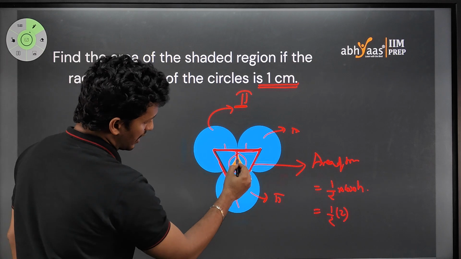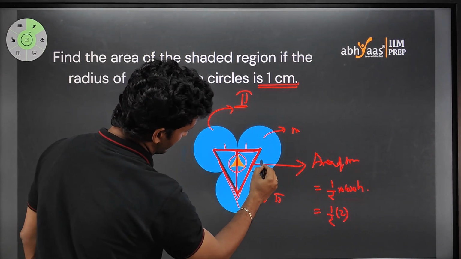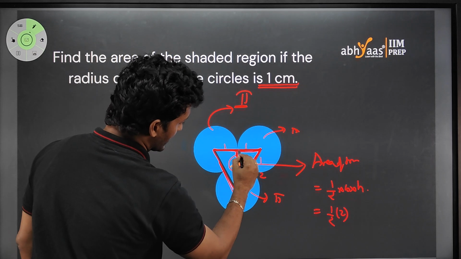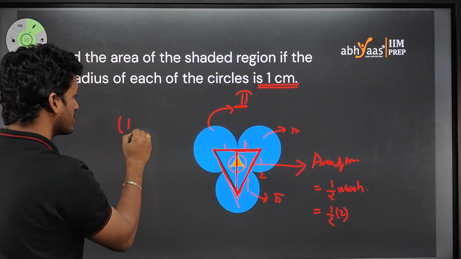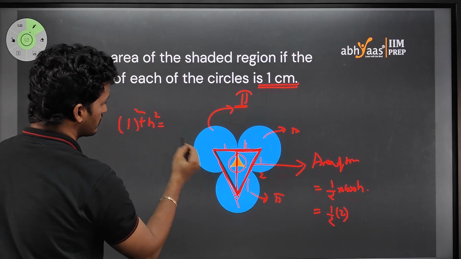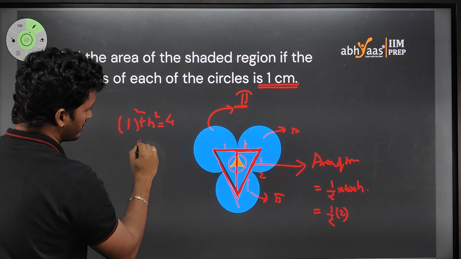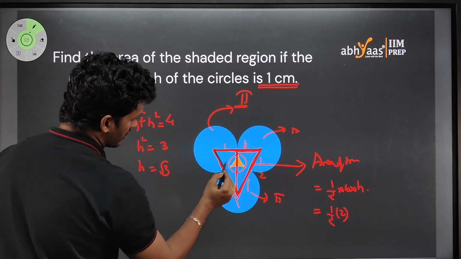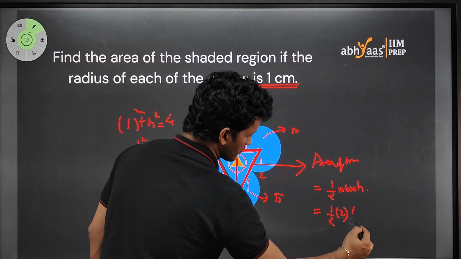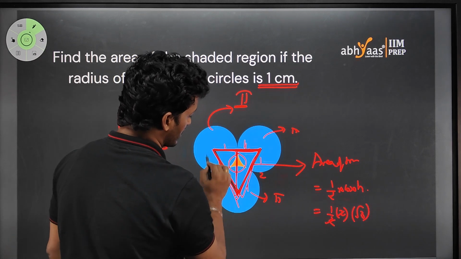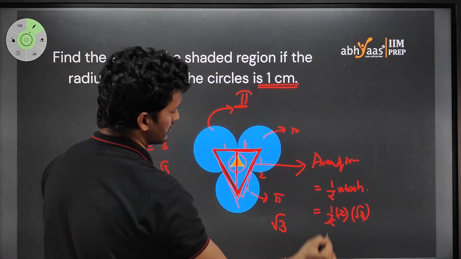We can apply the Pythagoras theorem again. Here this is 1 and 1, the hypotenuse is 2, and the base is 1. So 1 square plus height h square is equal to 2 square, that is 4. So h square is 3, and the height is root 3. So the area of this triangle is root 3 square units.